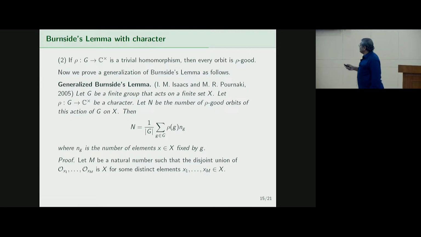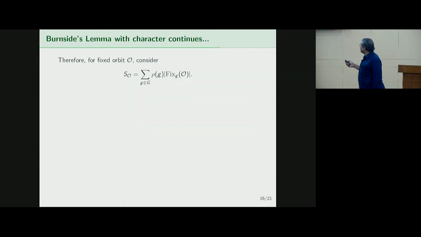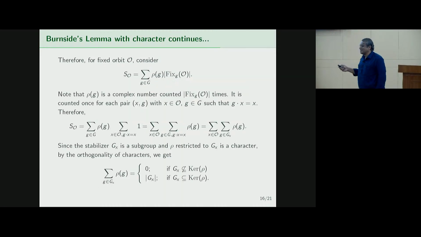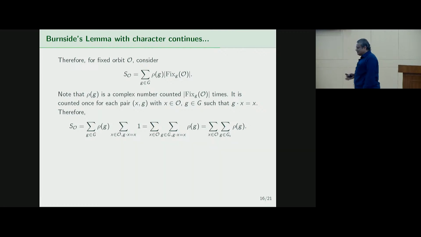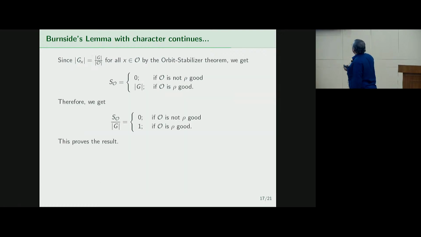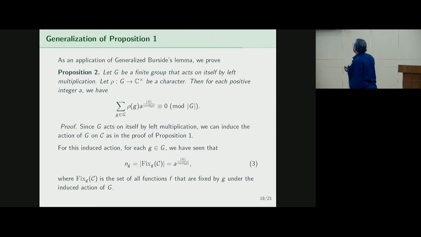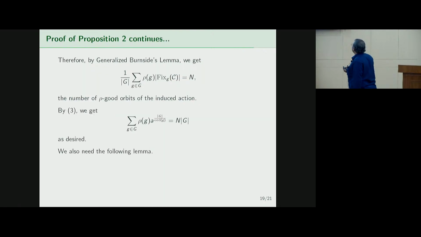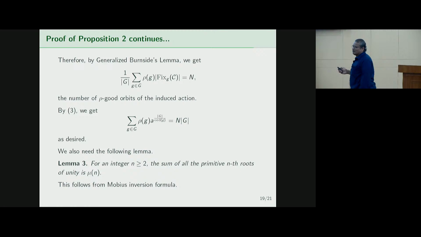While lecturing I was also thinking about what is happening here. If it is a trivial character, every orbit is going to be rho good. That is correct. But here it is the identity character, not a trivial character, because we have taken G to be μ_n and we send it to μ_n itself, not to 1.